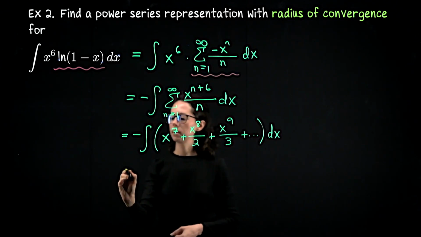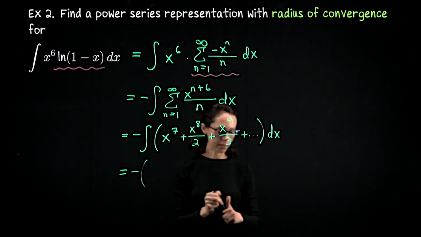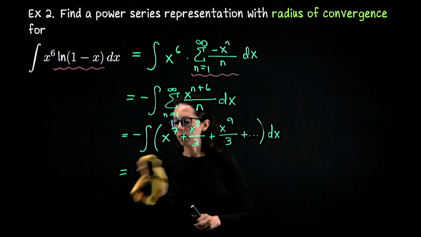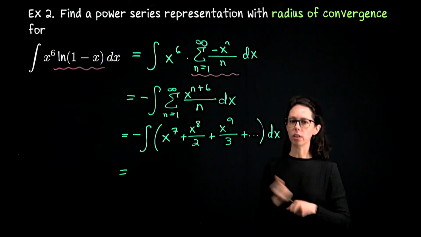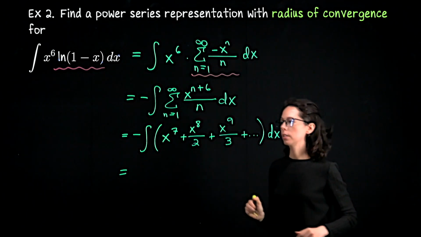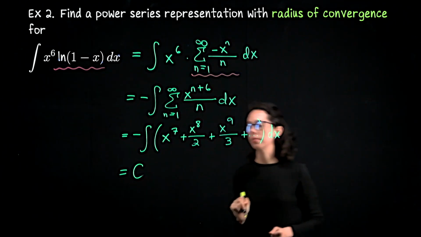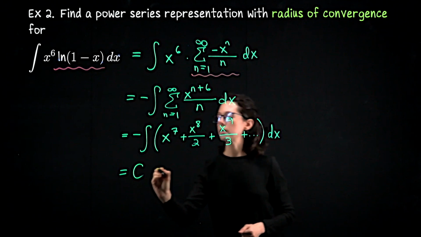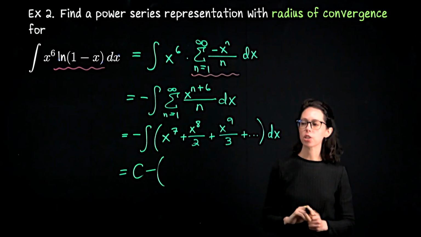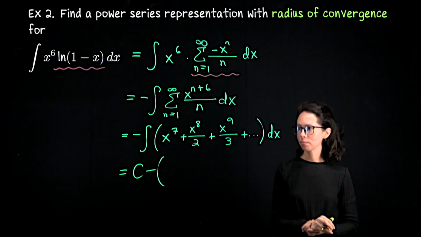Let's now do some anti-differentiation. And as we mentioned on the previous example, we're doing an indefinite integral. So let's pick up a constant of integration and let's actually write it first. So how about c for constant of integration minus what will now be term by term anti-differentiation of the expression in this integrand.